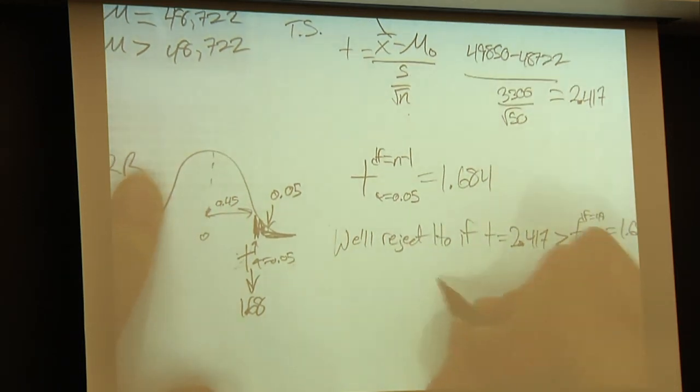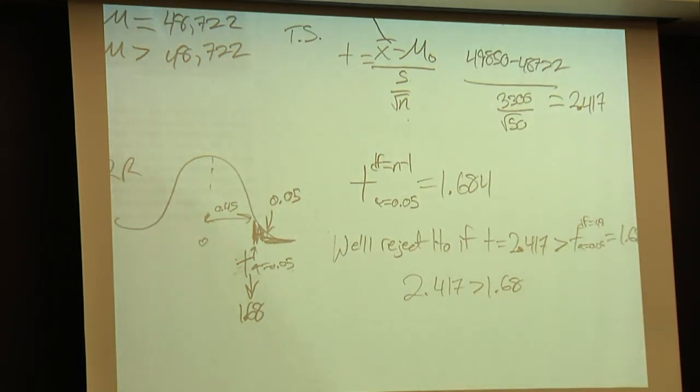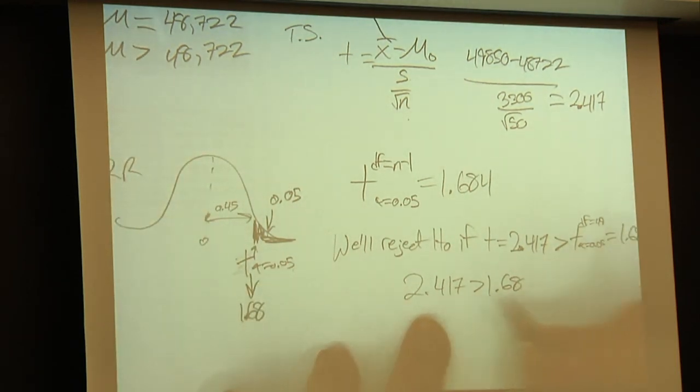So basically, I want to know, is 2.417 greater than 1.68? Quick yes or no? Yes. Wow, everyone's going to get an A now. So 2.417 is bigger than this, so we're going to go ahead and reject H0.